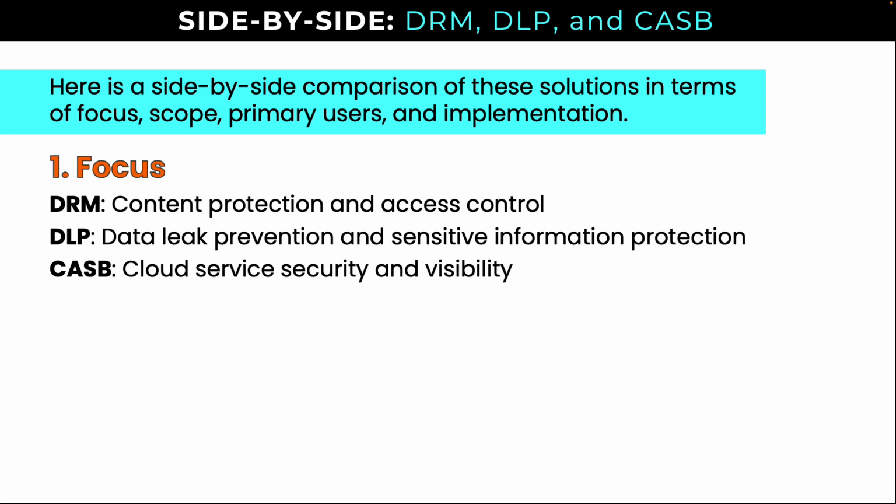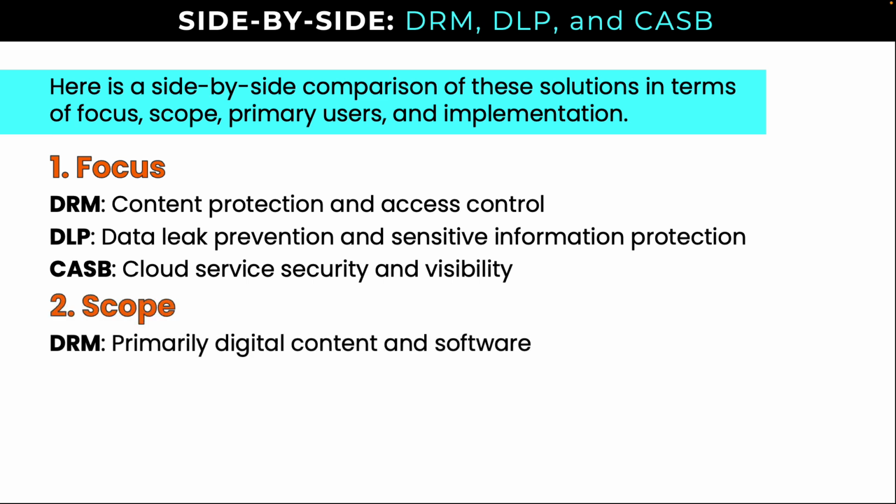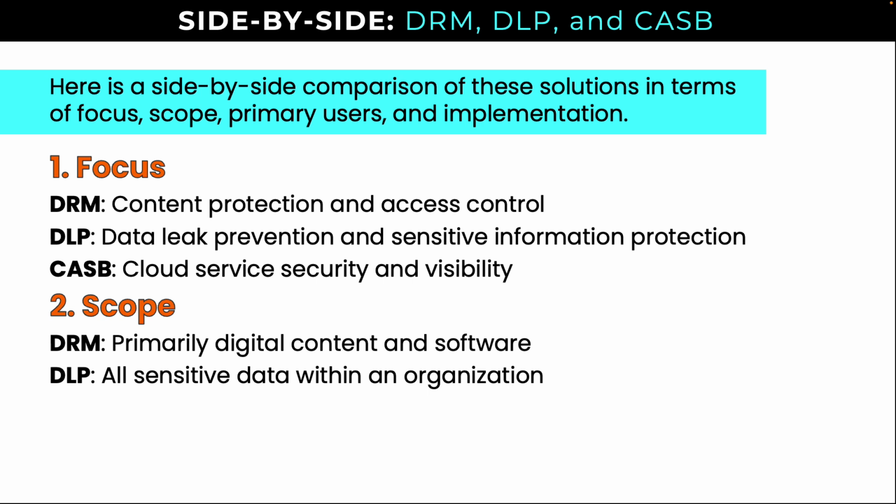And then the CASB is cloud service security and visibility, often focusing on use case scenarios around cloud storage. The scope, DRM, primarily digital content and software. DLP, really all sensitive data within an organization. And CASB, specifically in the cloud service scenarios.